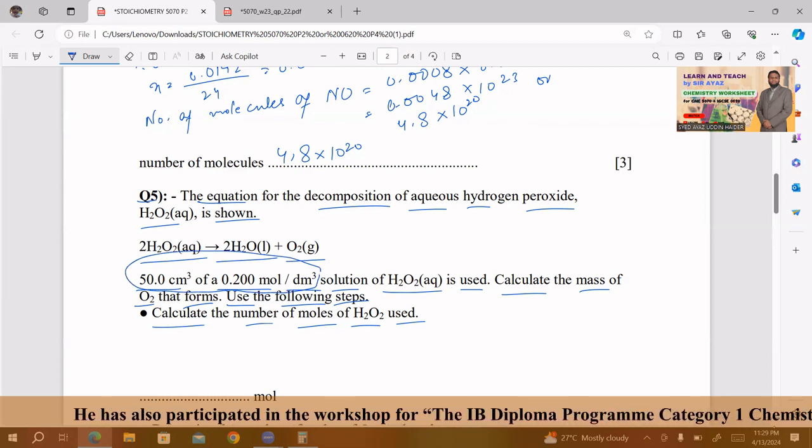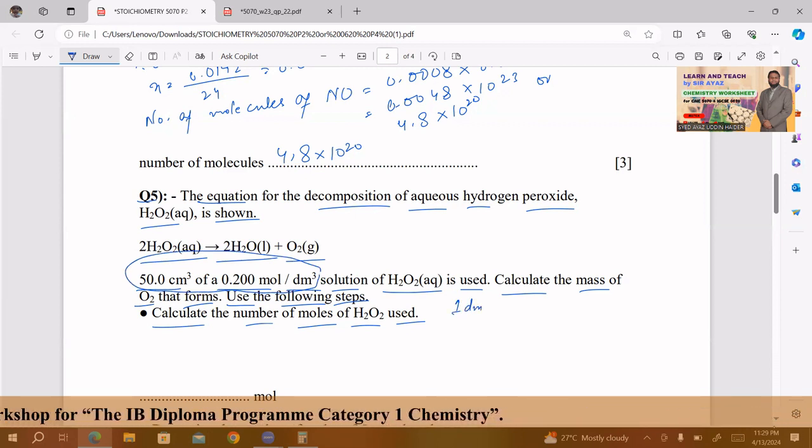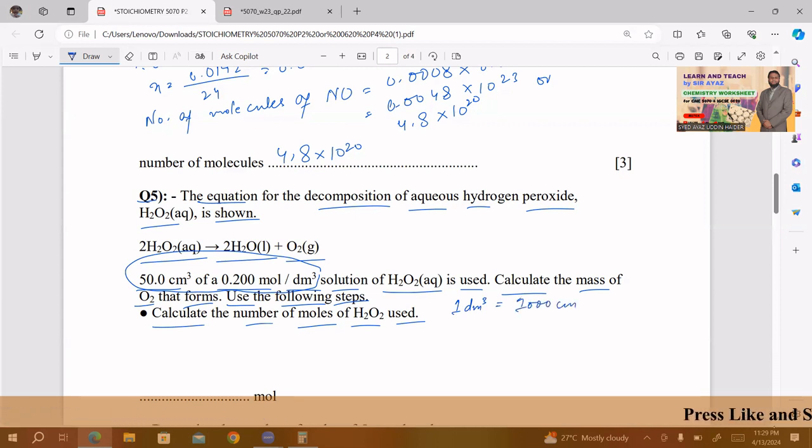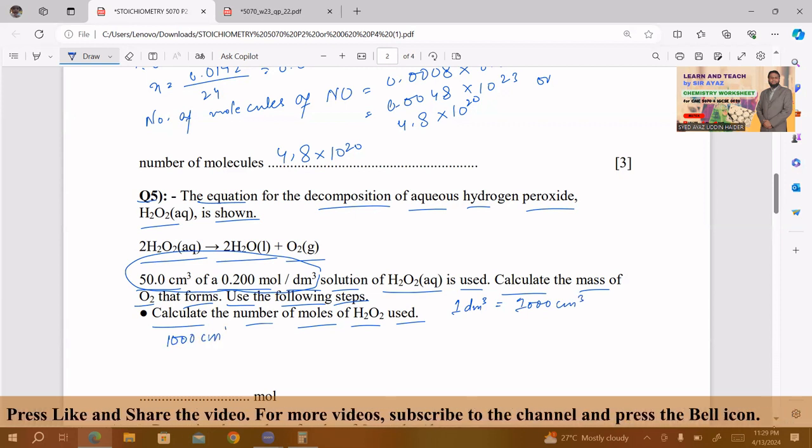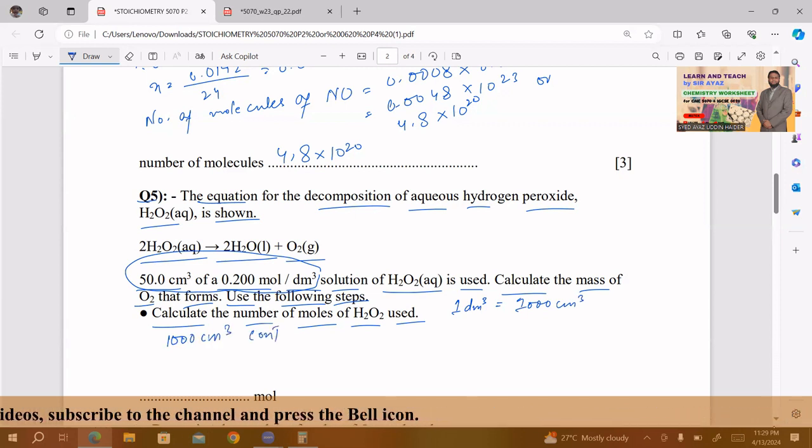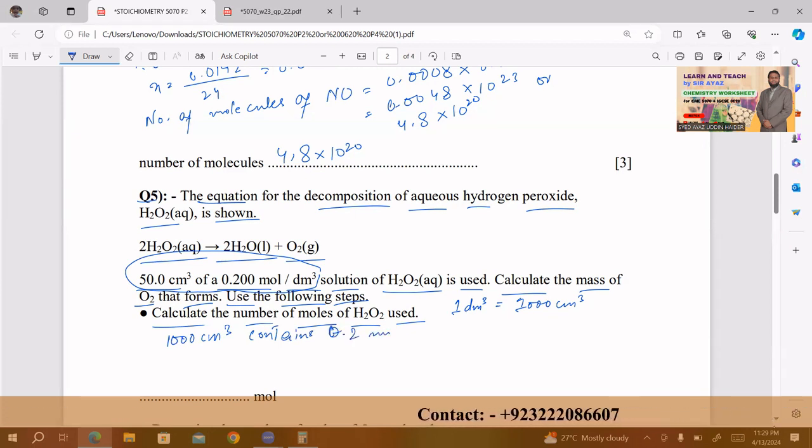Remember, 1 dm³ is equal to 1000 cm³. So I will write 1000 cm³ contains 0.2 moles. Therefore, 50 cm³ contains X moles.